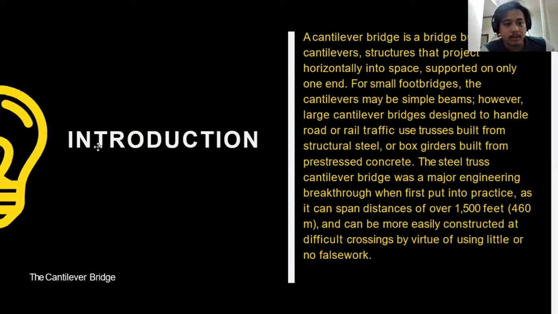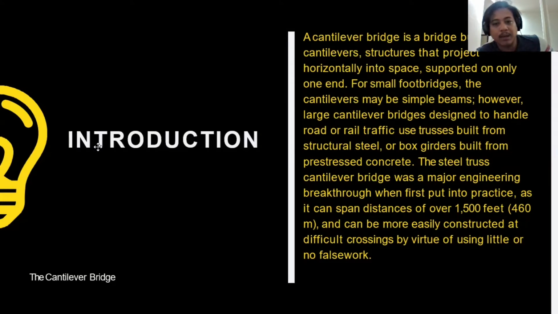Next, introduction about cantilever bridge. A cantilever bridge is a bridge built using cantilevers, structures that project horizontally into space, supported only at one end. For a small footbridge, the cantilevers may be simple beams; however, large cantilever bridges designed to handle road or rail traffic use trusses built from structural steel, or box girders built from prestressed concrete.